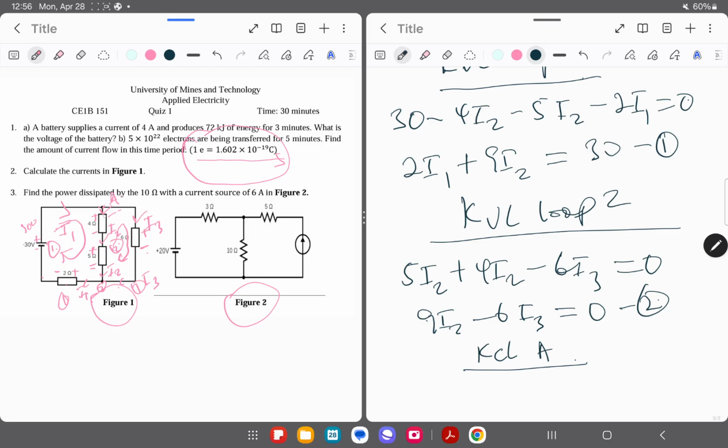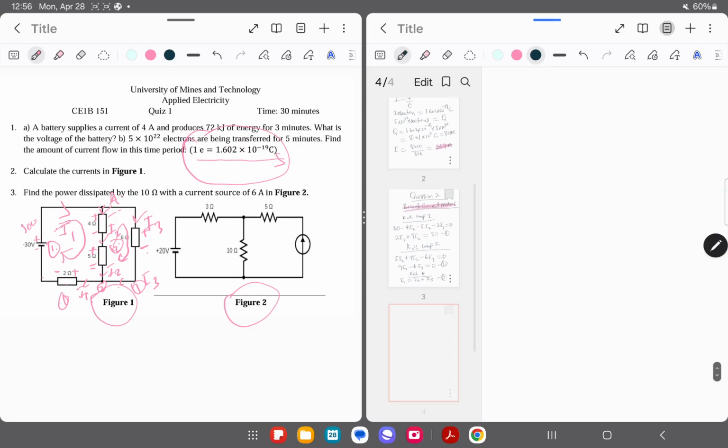So at node A, you can see I1 is entering and I2 and I3 are leaving. So I can write I1 is equal to I2 plus I3, meaning this is equation 3. So I've gotten my equation 3.